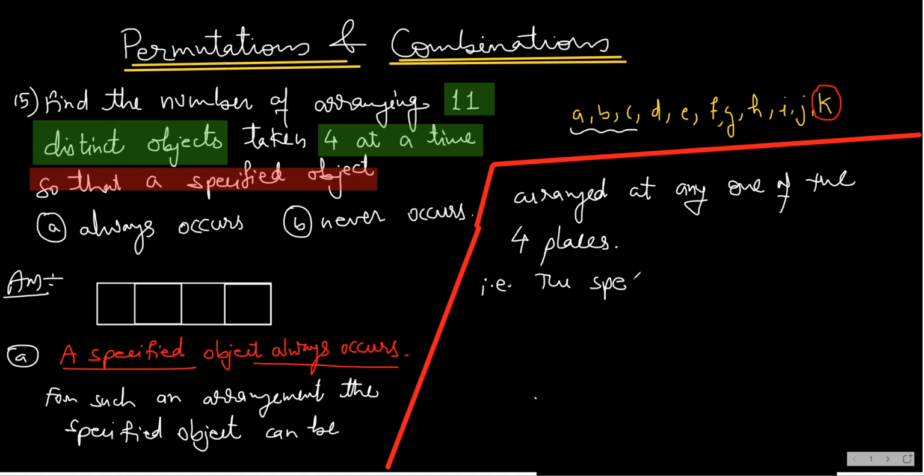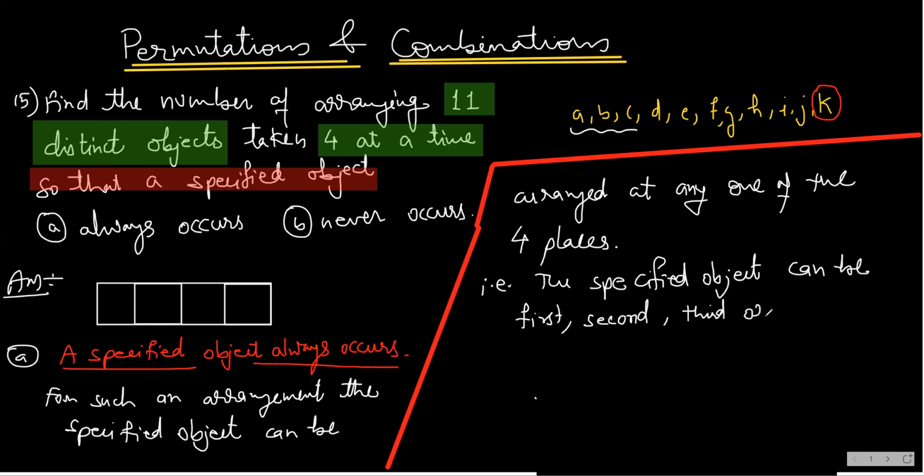That is, the specified object can be first, second, third, or fourth in order.